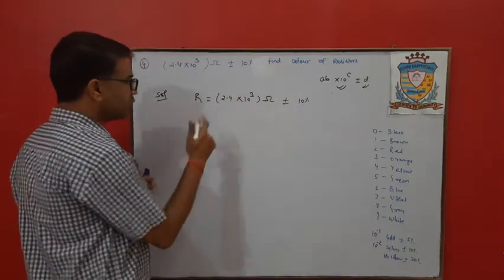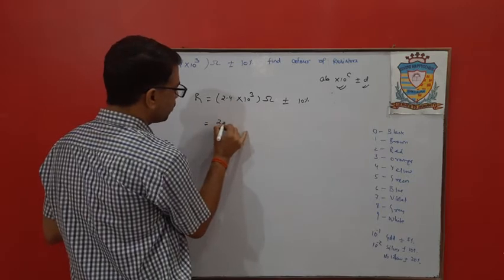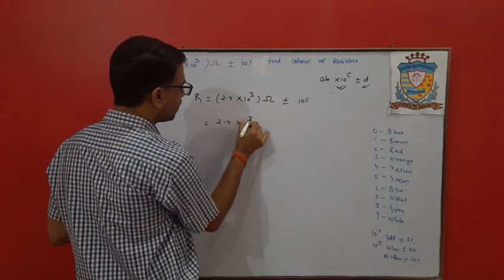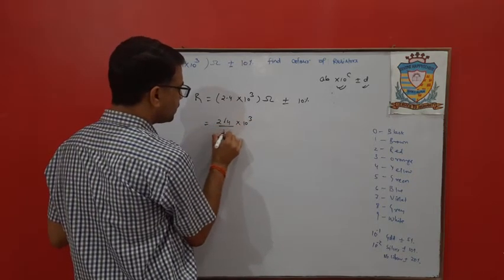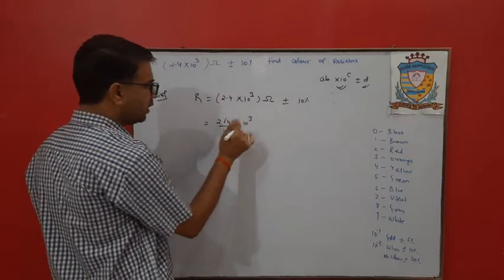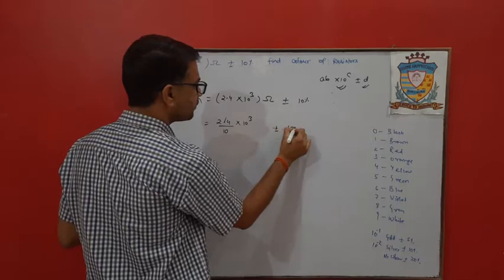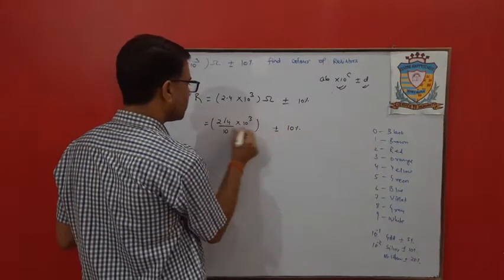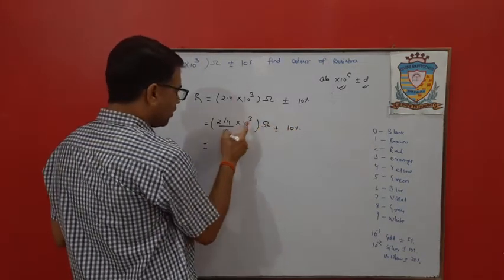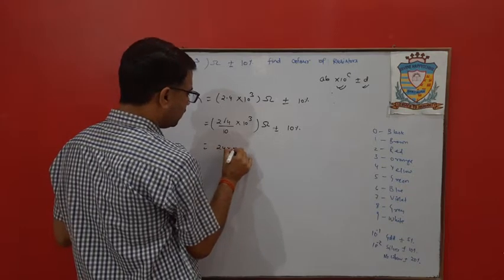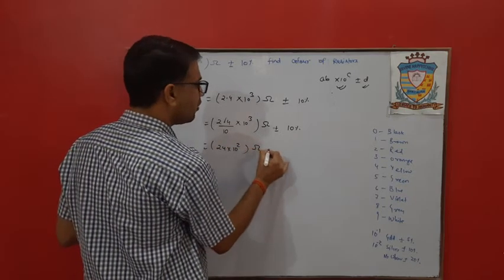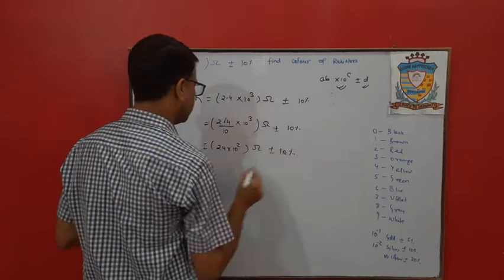Clear? So first we will solve it. 2.4 into 10 to the power 3. If we remove this point, we get 24 into 10 to the power 2 ohm plus minus 10%.